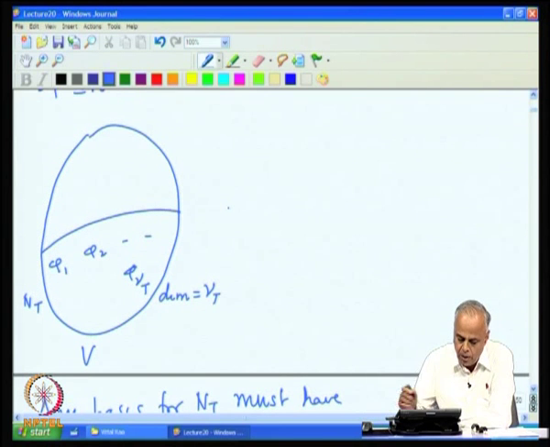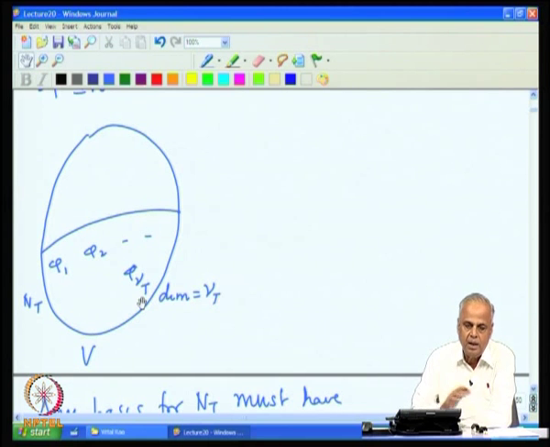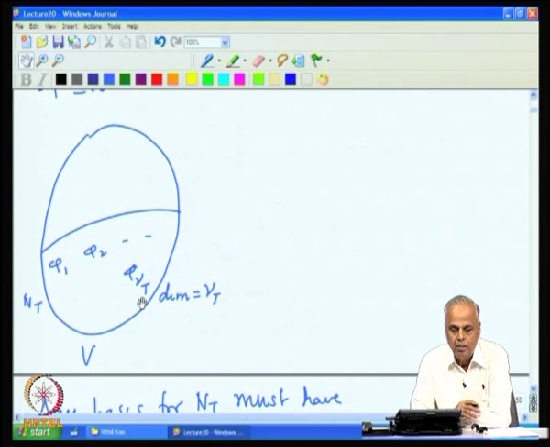Now, if you look at the space V, it is an n dimensional space, and we have these vectors which are linearly independent in that space. There are nu of T of them. In an n dimensional space, any linearly independent set of vectors can be extended to a basis by appending a suitable number of vectors.